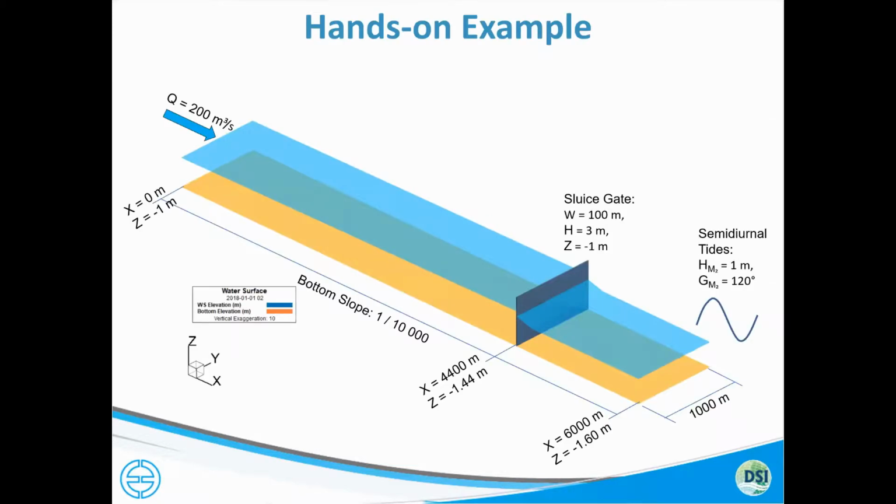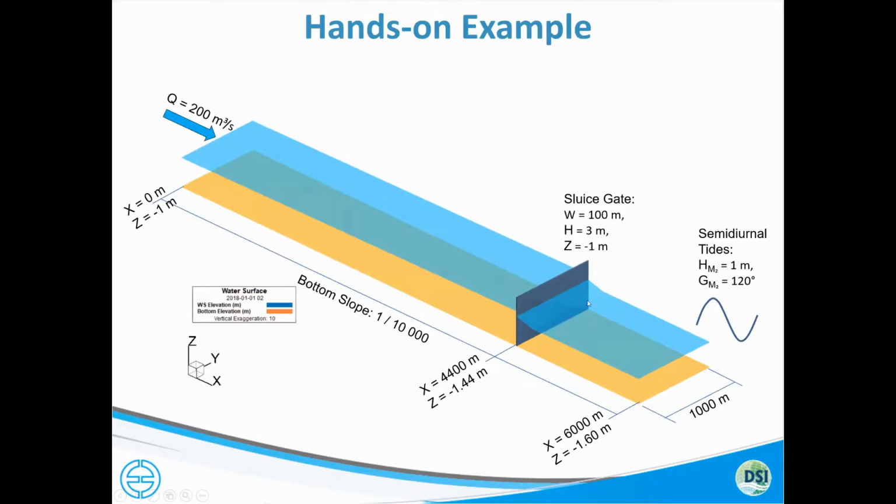It's a very simple rectangular channel where we have a river flow coming in at the upstream end, flowing down through the system. Then essentially there's a dam or some flow obstruction in the river.